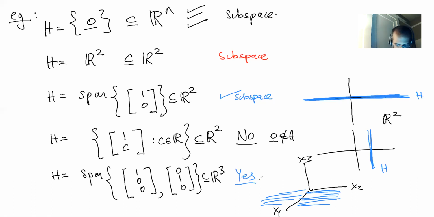So subspaces, geometrically, are supposed to be planes through the origin. Algebraically, they're sets that are closed under taking linear combinations. In general, the span of a set of vectors is always a subspace of Rn. Let's write that.